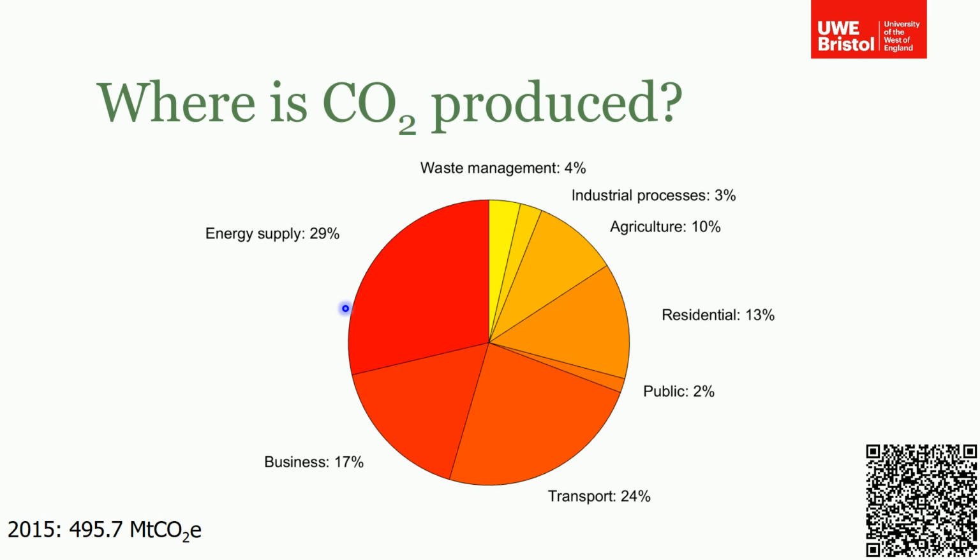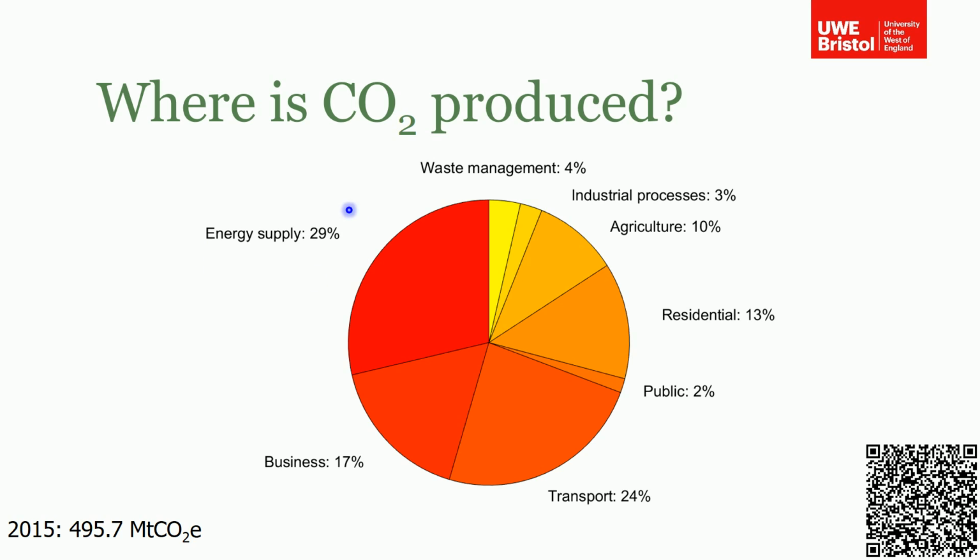Firstly, just going to give a brief introduction. This pie chart shows where the CO2, or carbon dioxide, was produced in the UK in 2015. You can see that the biggest culprit here is energy supply, perhaps unsurprisingly.